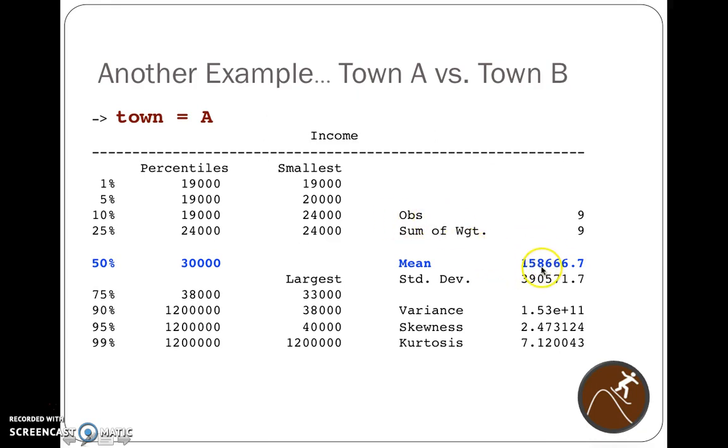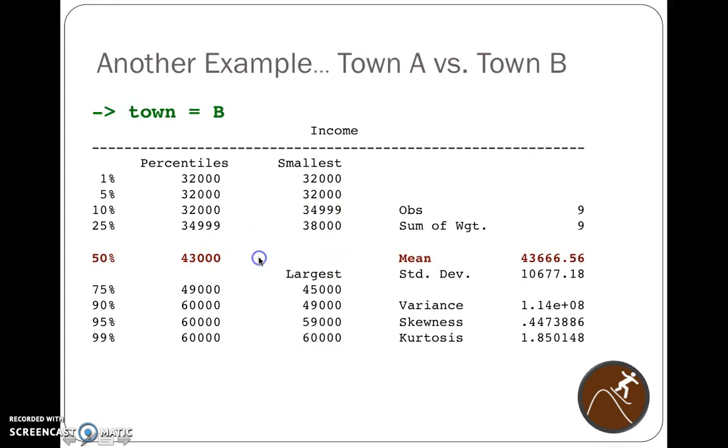There's only one that makes 158,000 or more, the $1.2 million one. So is that representative or not? Now, in the case of Town B, it's a little more balanced. We have the median being 43,000 versus the mean of 43,666.